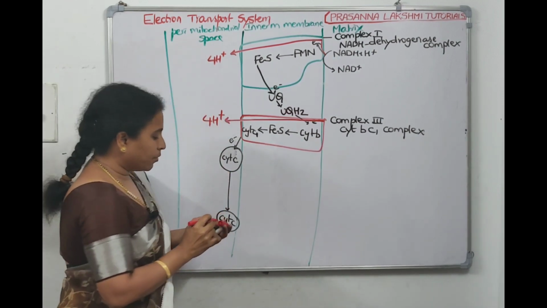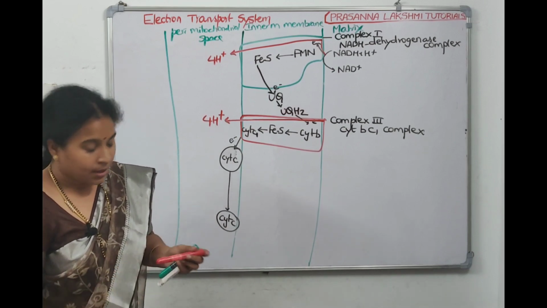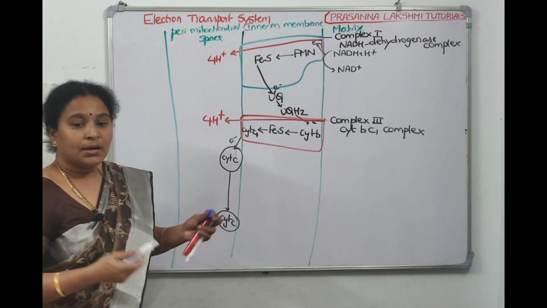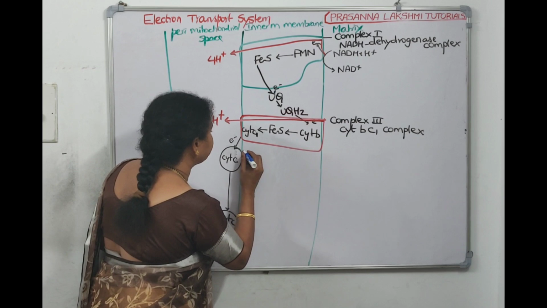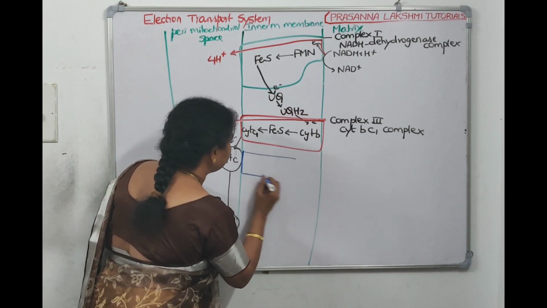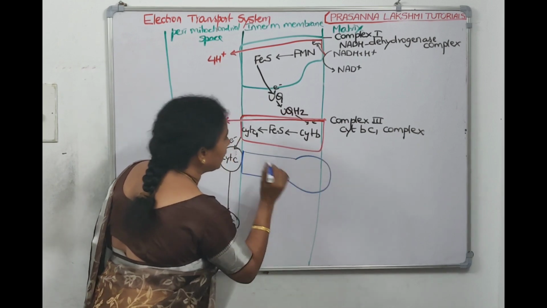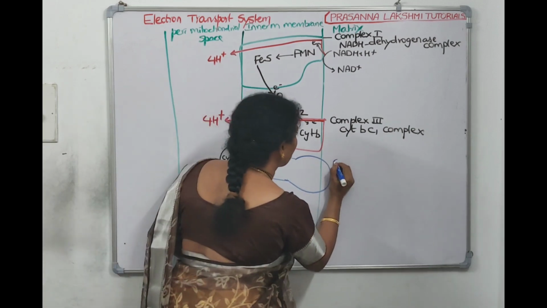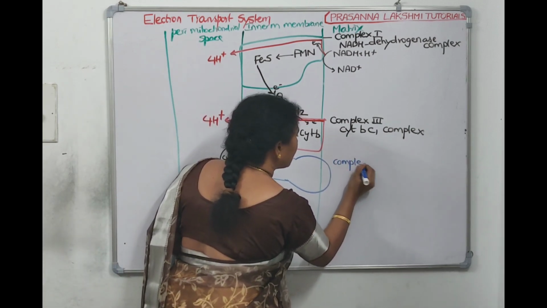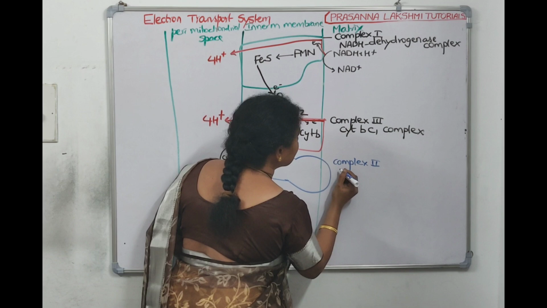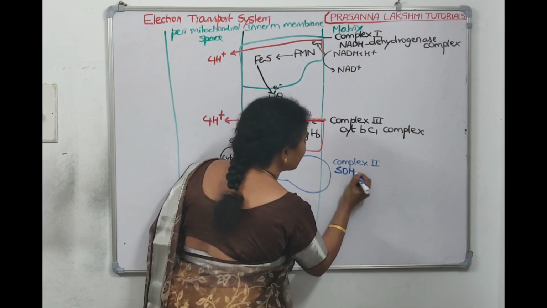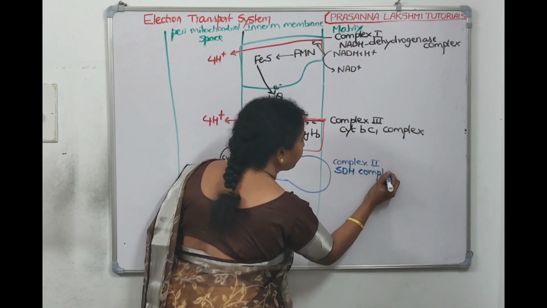Now when we talk about complex 2, complex 2 is present here. What is it called? Complex 2 is called succinate dehydrogenase complex.